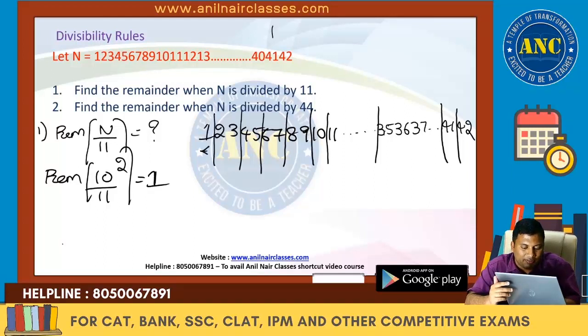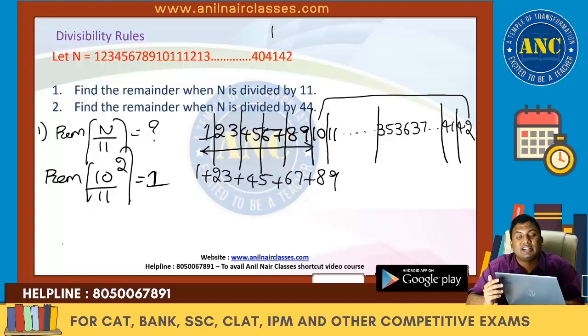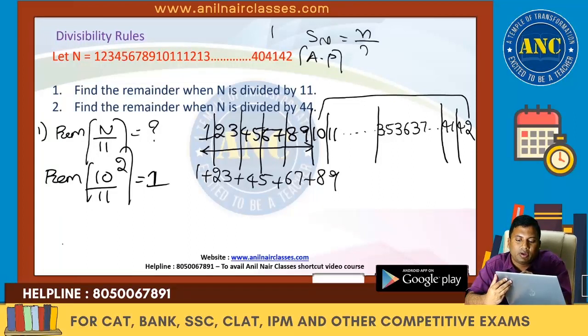Now, if we add 1 plus 23 plus 45 plus 67 plus 89, and 10 to 42, the series is in arithmetic progression. Sum of n terms in AP is n by 2 into first term plus last term.